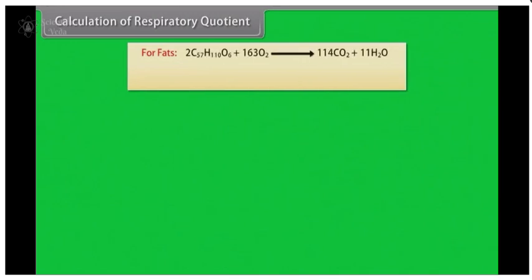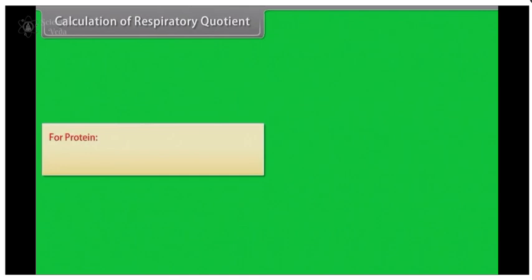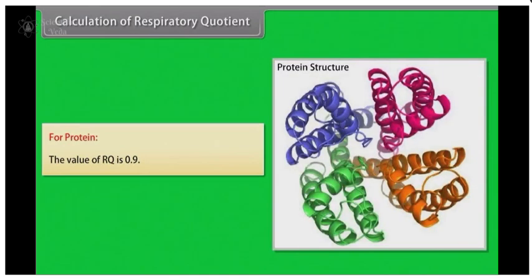For fats, 2 C57H110O6 plus 163 O2 gives 114 CO2 plus 110 H2O. Respiratory quotient is equal to 114 CO2 by 163 O2, which is equal to 0.7. For protein, the value of respiratory quotient is 0.9.